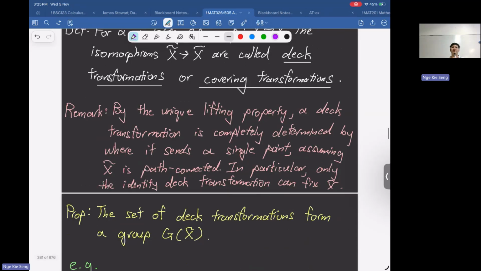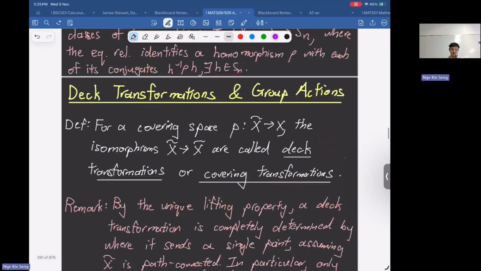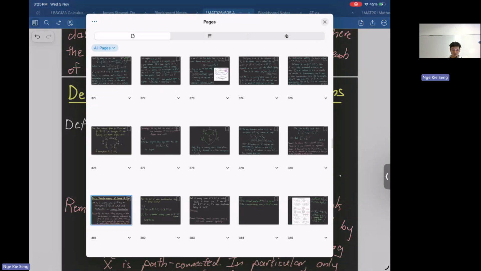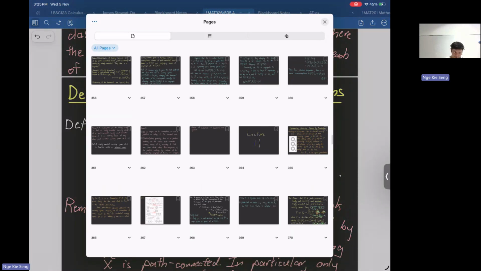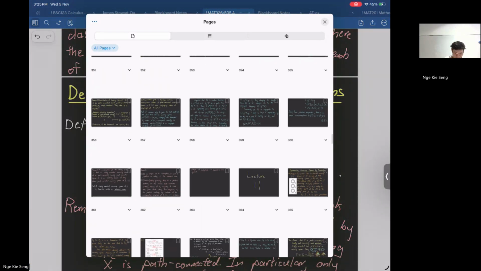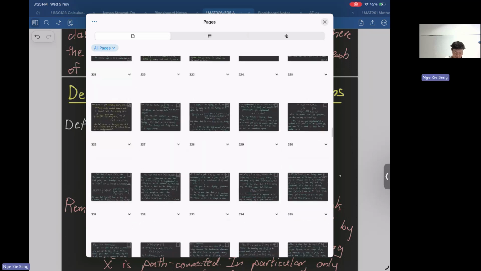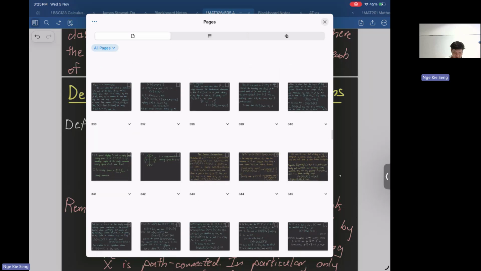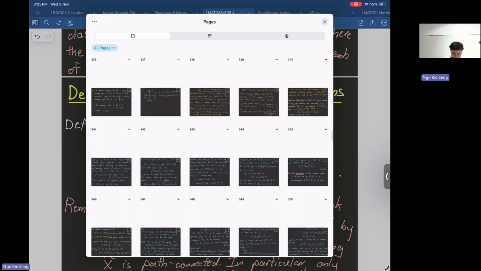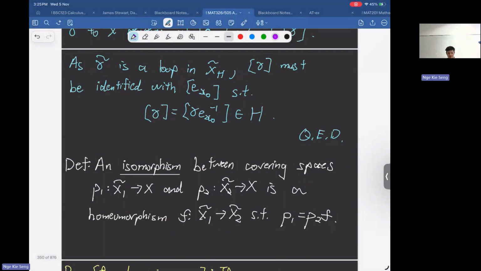It's a homeomorphism, and then such that what? Homeomorphism plus what? Isomorphism of covering space. What's the definition? Yeah, so it's not a random automorphism. I think it commutes with the covering.